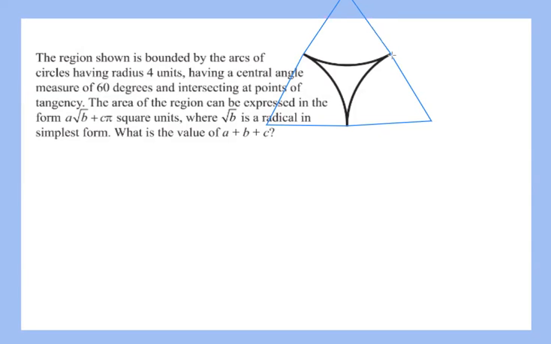It will be something similar to this one. What we are given is that this is 4, this is 4, this is 4, this is 4, this is 4, and this is 4. Those are my radii. The angle right here is 60, and this is 60, so that should be 60.